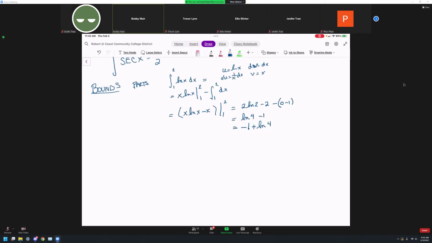Okay, now there are a handful of these exercises where he's got stuff like this: the integral of the sine of 2x times the cosine of 3x or something like that.